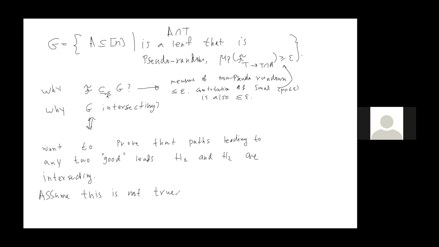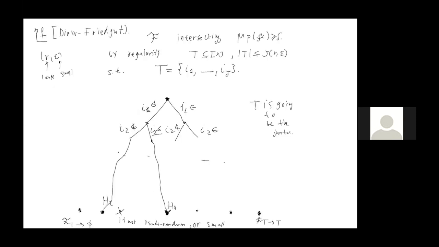Assume that this is not true. Then we have our H1 and H2. These are two good leaves, and the paths to them are not intersecting.